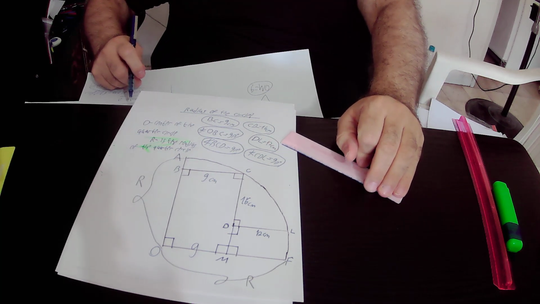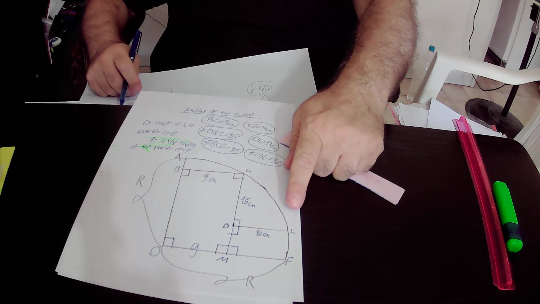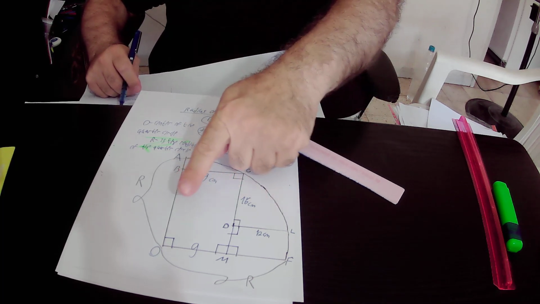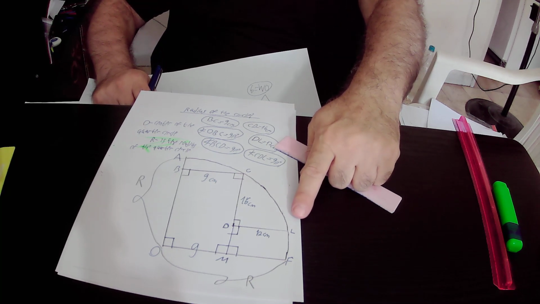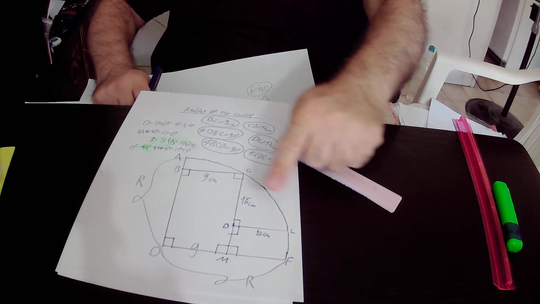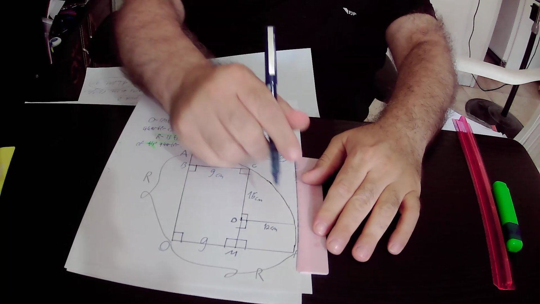In the next step, from point L, we will go perpendicular on the radius OF. I repeat again, from point L, we will go perpendicular on the radius OF.